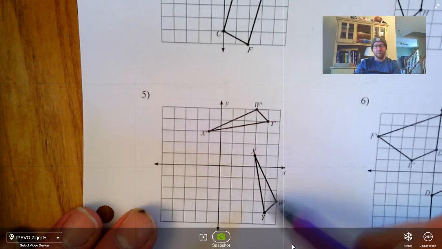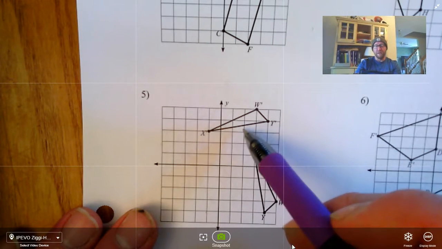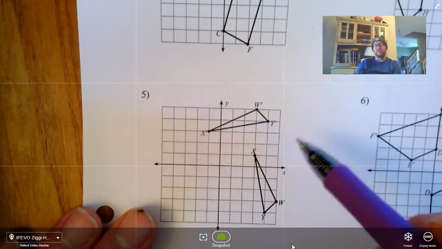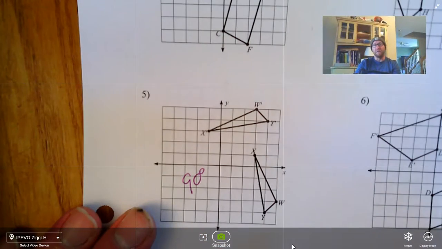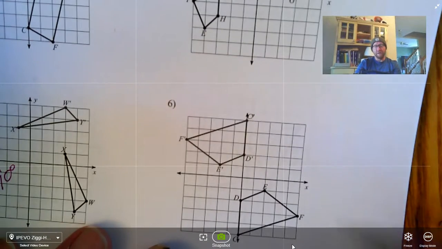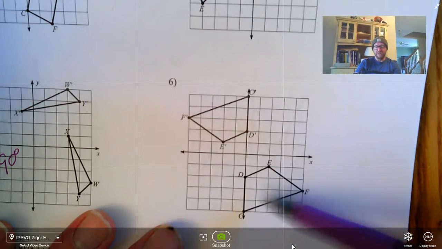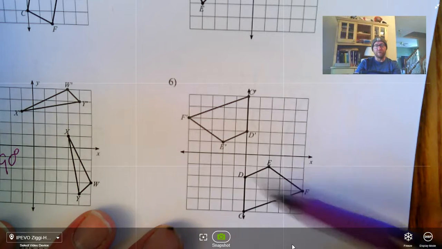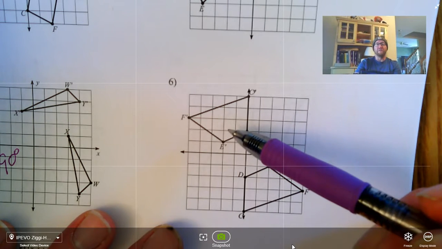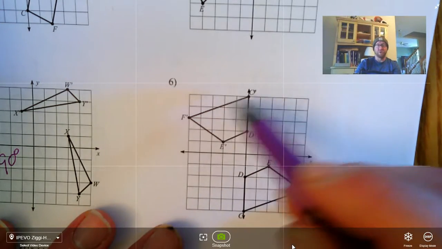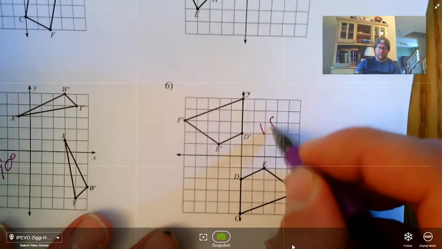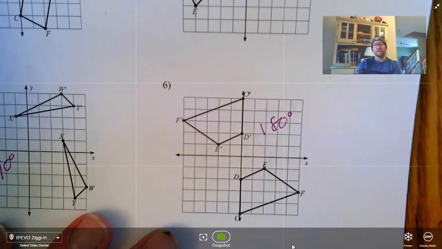If you notice that the original here is mostly in the fourth quadrant, and the rotated figure is mostly in the first quadrant, we know this is going to be a 90-degree rotation because it's turned one quadrant over. Here, you'll notice the original is in the fourth quadrant, and the rotated figure is in the second quadrant. So this is, again, going to be like a half turn, 2 quadrants away. So this is a 180-degree rotation.